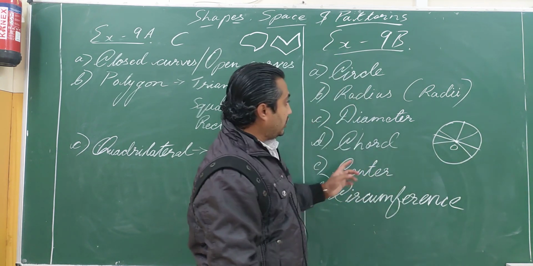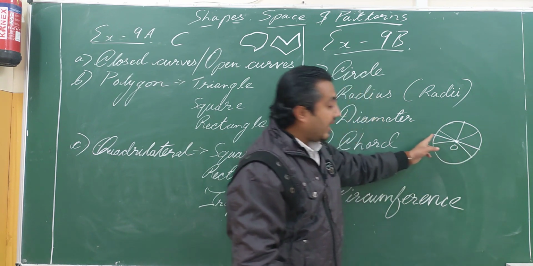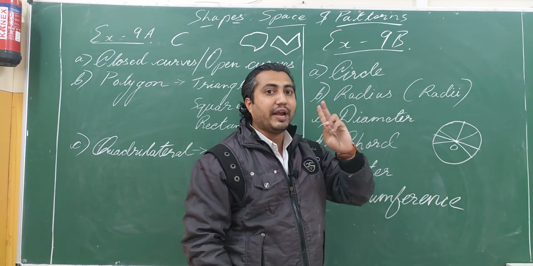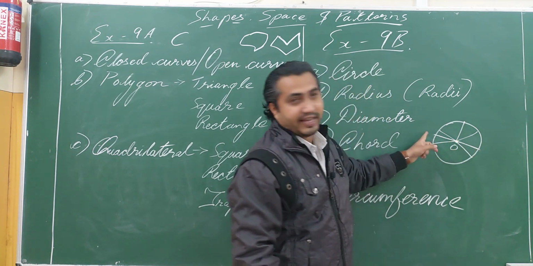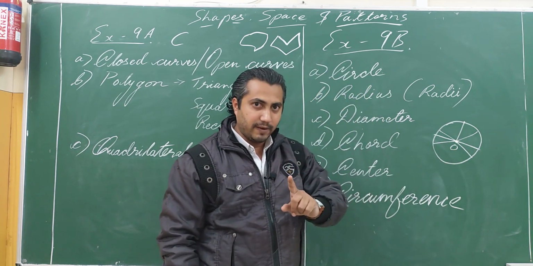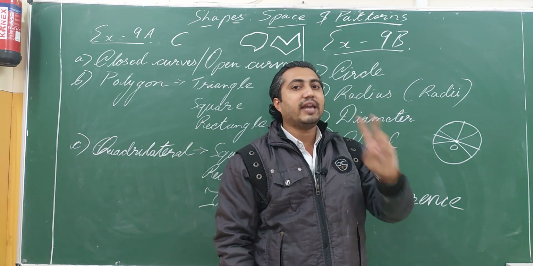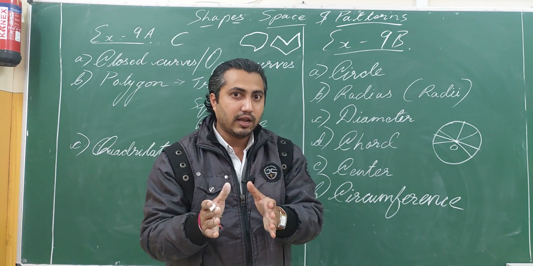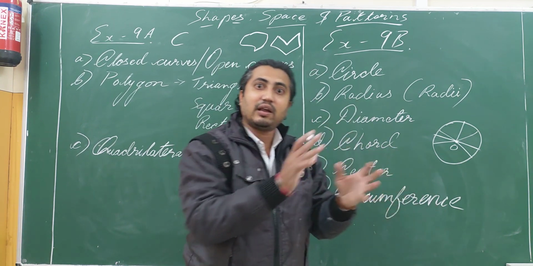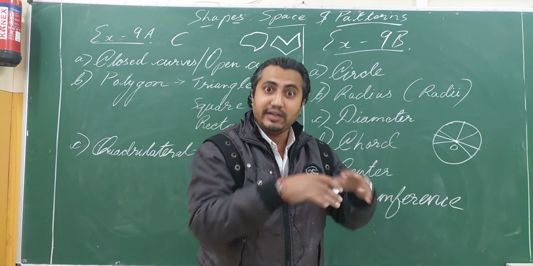Okay. Now, students, if you go to see, one diameter is actually 2 radii. ये एक diameter है, यहाँ से यहाँ एक radius, यहाँ से यहाँ एक radius. So one diameter is equal to 2 radii. If one radius is 5 centimeter, तो उसी radius का diameter अगर बनाएंगे तो it will become 10 centimeter, double.